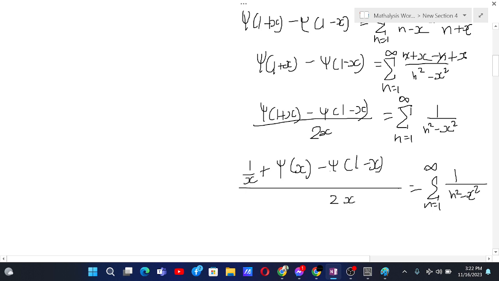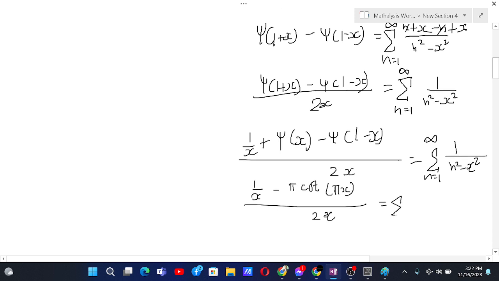And now we can take the minus common, so that gives us 1 by x minus pi times cot pi x, all by 2x, equals this sum from n equals 1 to infinity of 1 by n square minus x square.